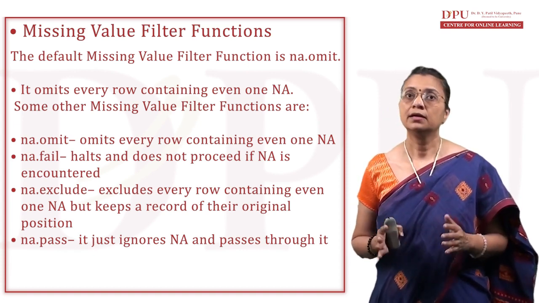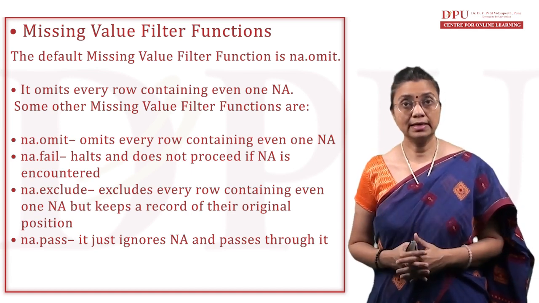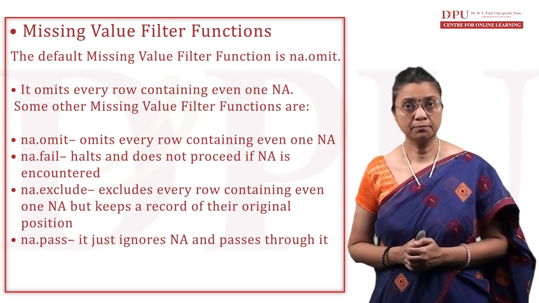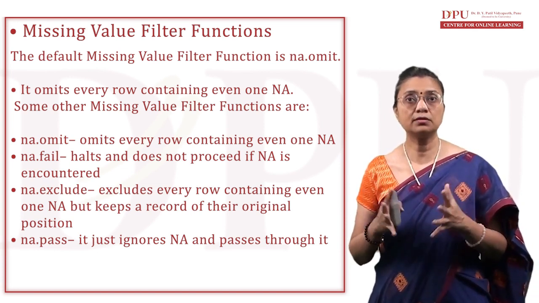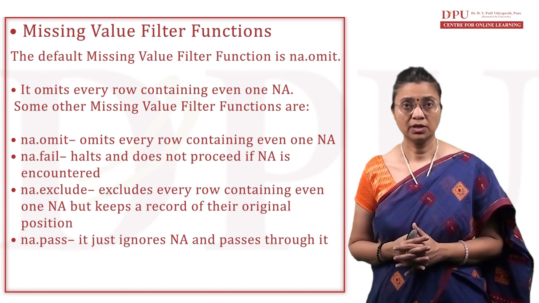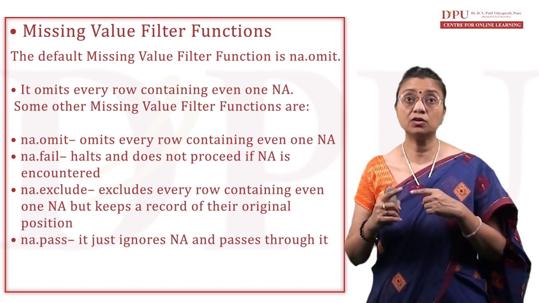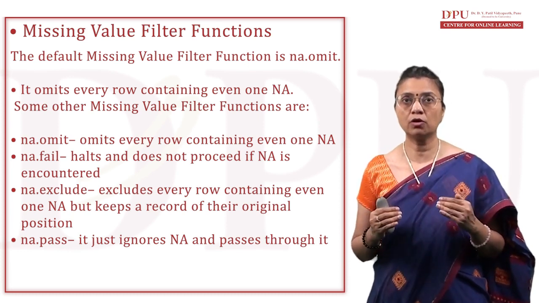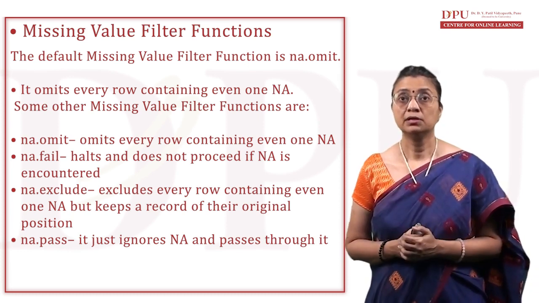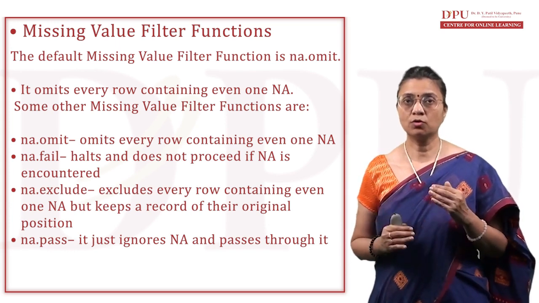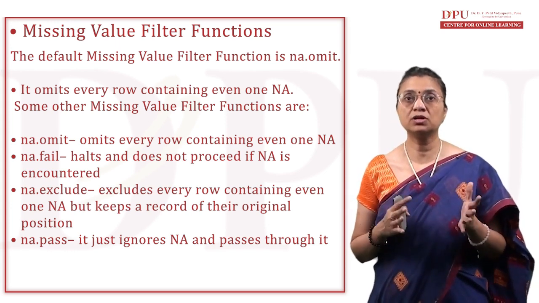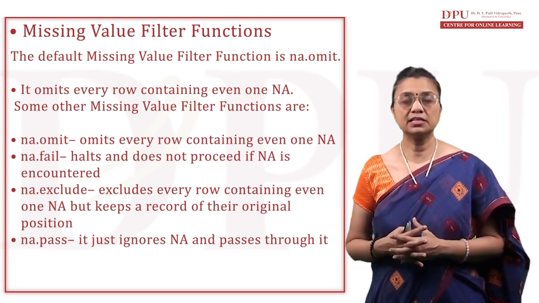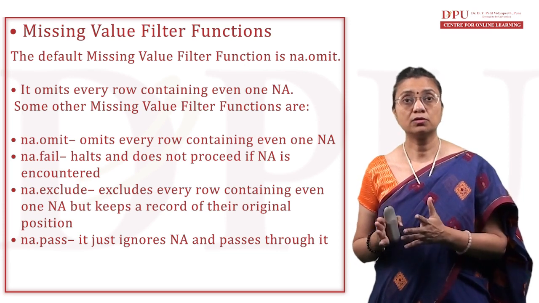So basically, if I have na.fail and there is one not available data, it will halt the code, it will stop the program, but not ignore the record, which means that I'm not ignoring the record, but I'm halting my program for some purpose. So if I want to halt my program and give a message, or I want to procure the data from somewhere else, in that case, I will go for na.fail.